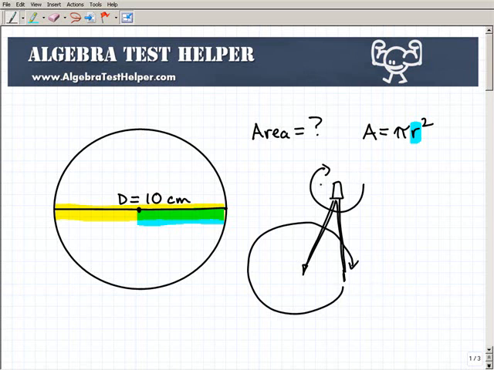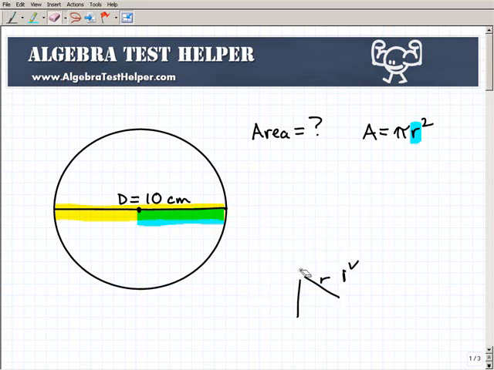This distance, the distance you open up the compass, is the radius. The radius emanates from the center of a circle. You probably knew that, but for those of you who don't, this is important because you won't know how to use the formula if you don't know what the radius is.